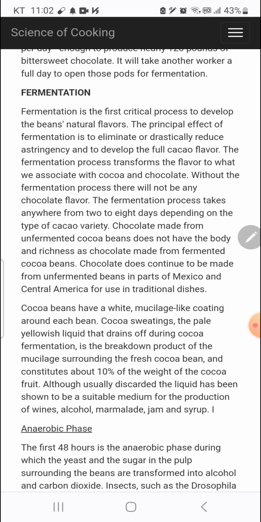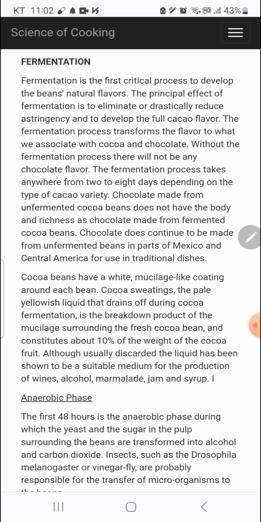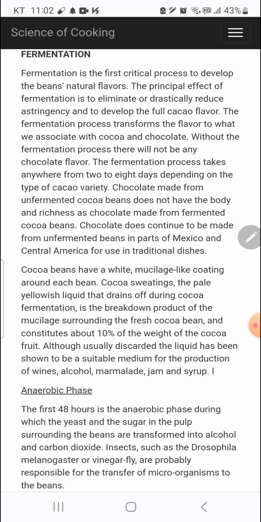Fermentation. Fermentation is the first critical process to develop the beans' natural flavors. The principal effect of fermentation is to eliminate or drastically reduce astringency and to develop the full cacao flavor.